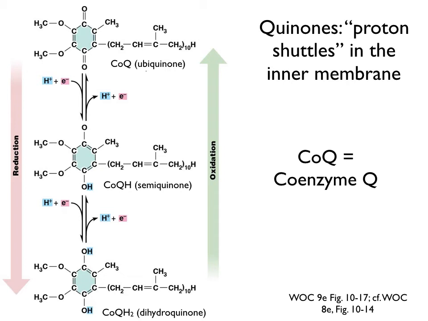It's sometimes called a semiquinone when that happens, and then it can pick up a second electron and become fully reduced to a dihydroquinone at the bottom. And you can see where these reductions occur, and you can see that it converts these double bonds between carbons and oxygens to single bonds. And the reverse reactions can also take place. So you get the idea that understanding how these oxidations and reductions occur helps us make sense of what's going on during this complicated kind of relay race of electron transfer.